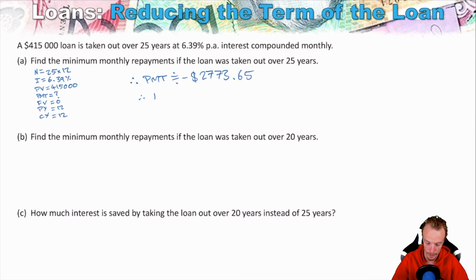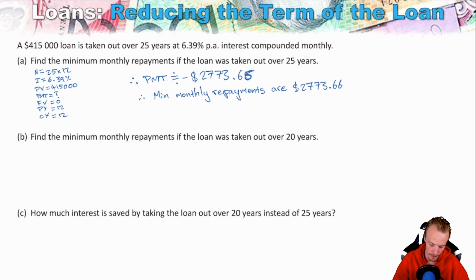So therefore, minimum monthly repayments are $2,773.65. We should probably say 66 cents, round that up, just so we're ensuring that we're repaying the entirety of the loan.